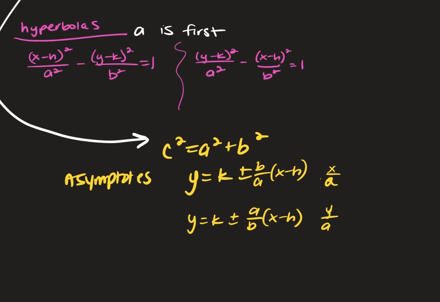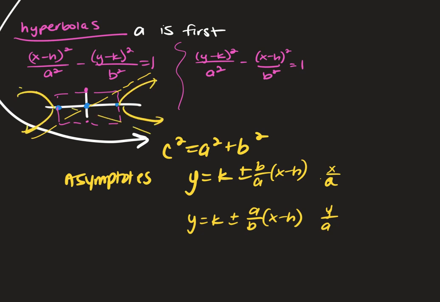If the x has the a, then I would find my center. I go right and left the a. I go up and down the b. I draw my little box. I draw the asymptotes. And my branches go right and left.